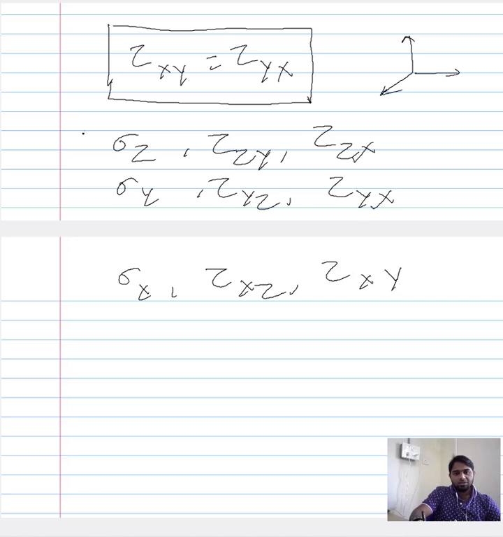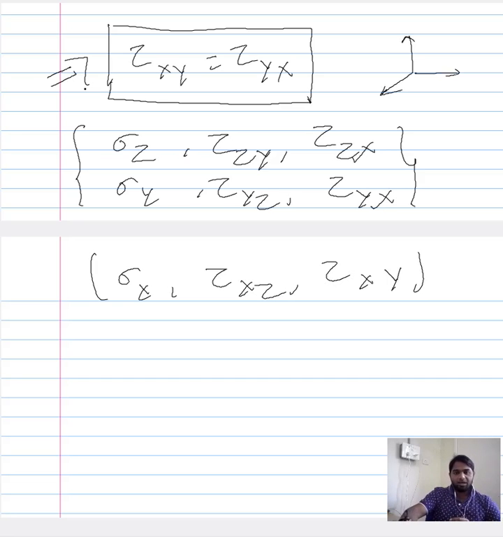Now these are the components that we saw are required to represent the mechanical condition experienced by a small point or an element in a three-dimensional setup experiencing a triaxial loading. Now let us use this criterion for rotational stability, considering that we are focusing on a point, and see if we can reduce the number of components that is required.